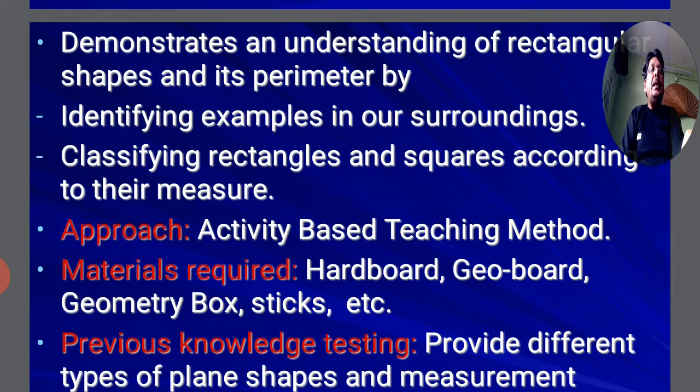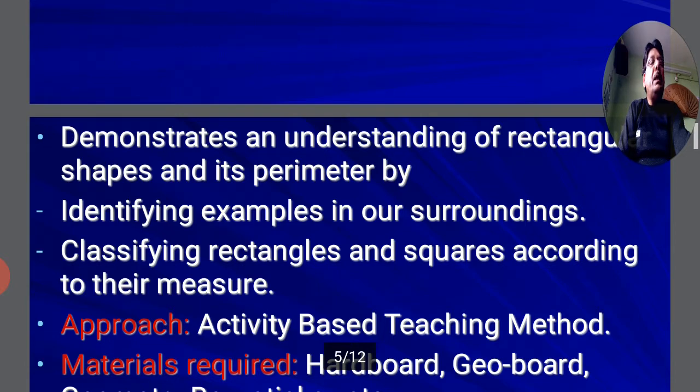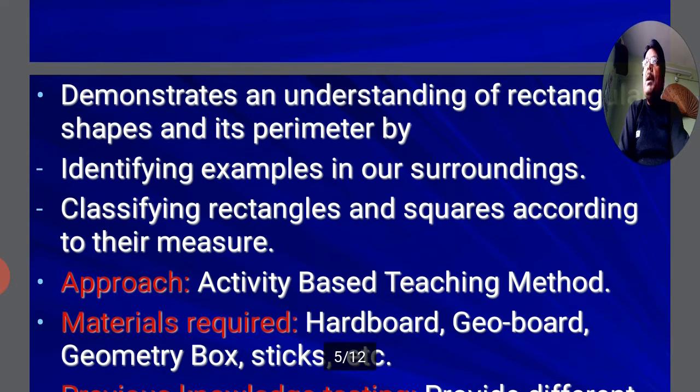Demonstrate an understanding of rectangular shapes and their perimeter. Number 1, learning outcome is identifying examples in our surroundings, and number 2, curriculum expectation is classifying rectangles and squares according to their measures.